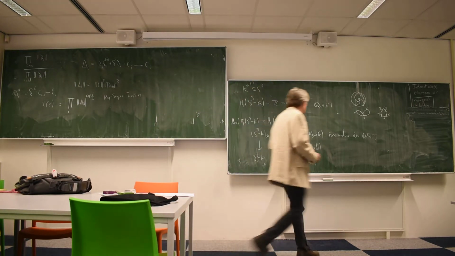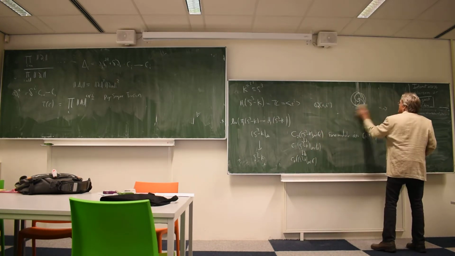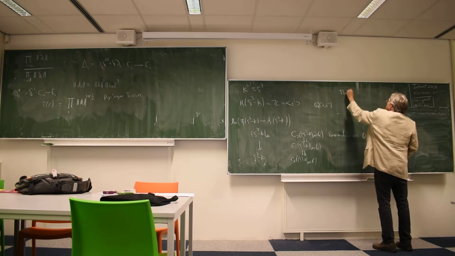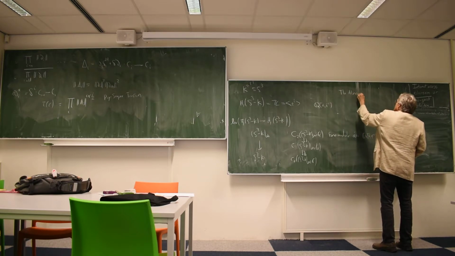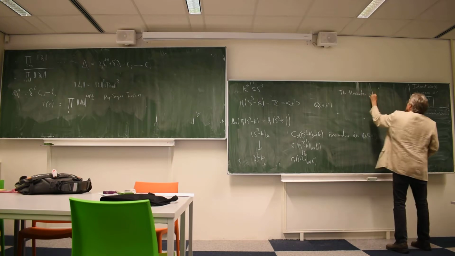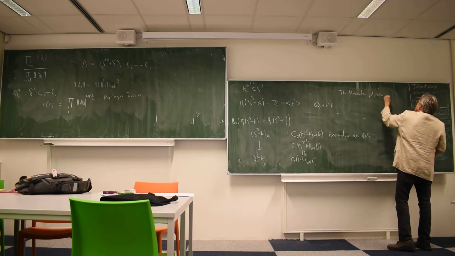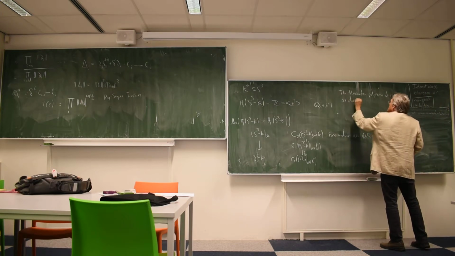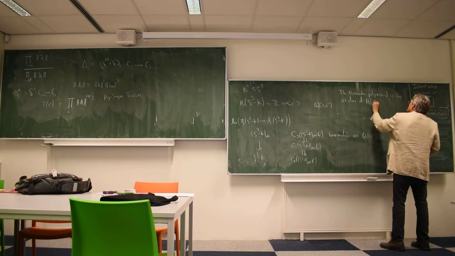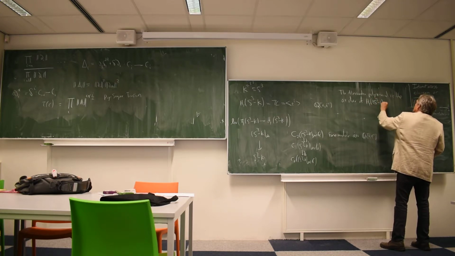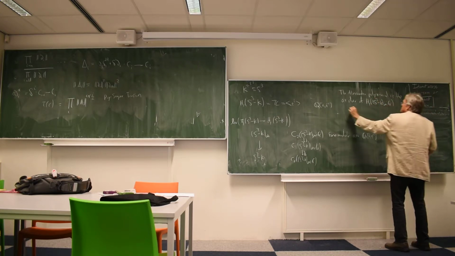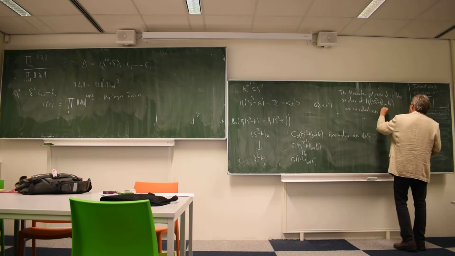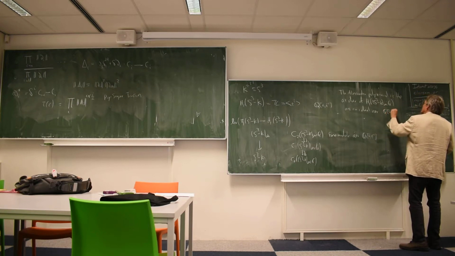I never said what the Alexander polynomial is, so I'm going to say it now. The Alexander polynomial is the order of H1 of S3 minus K infinity with rational coefficients as a module over Q[T, T inverse].